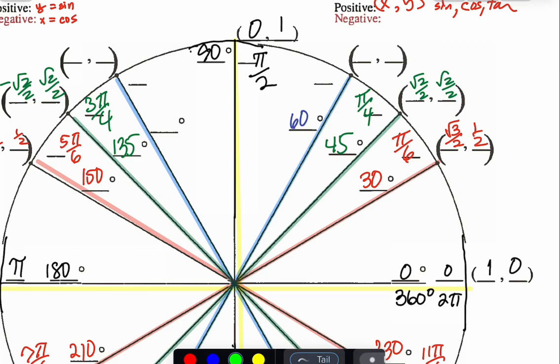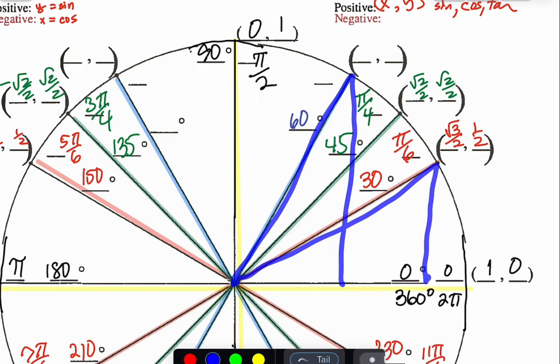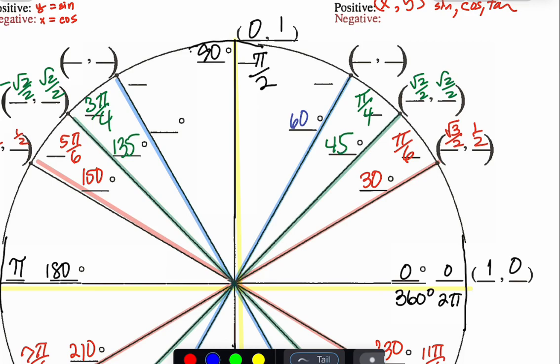They have a reference of 60. If we build this triangle, you might recognize it because we already used that triangle one time. It is just the 30, 60, 90 triangle flipped on its head. It becomes a 60, 30, 90 triangle.